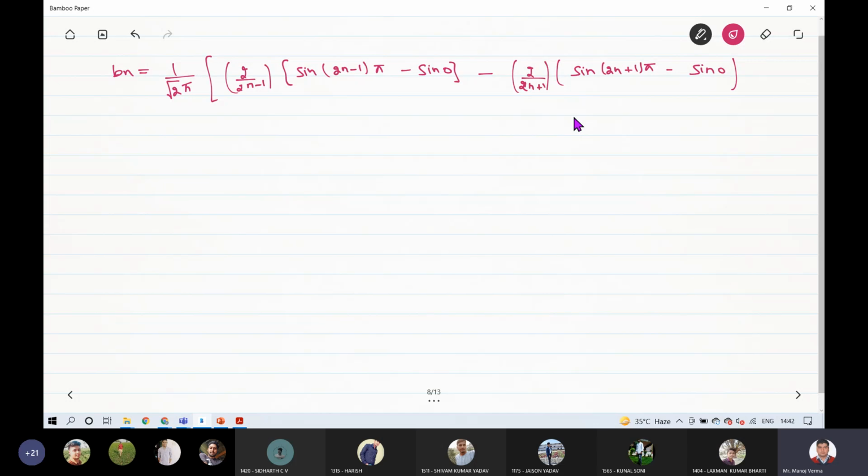Okay, so as you can see from this, sine (2n minus 1) pi will be 0, sine 0 is 0, sine (2n plus 1) pi is 0, and sine 0 is 0. So overall this bn is 0.